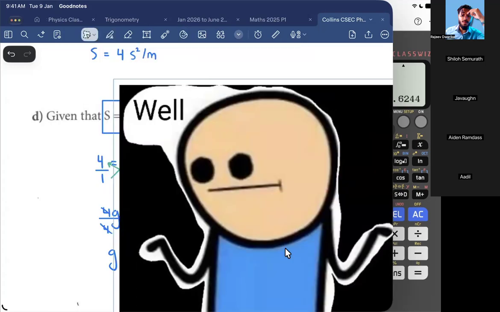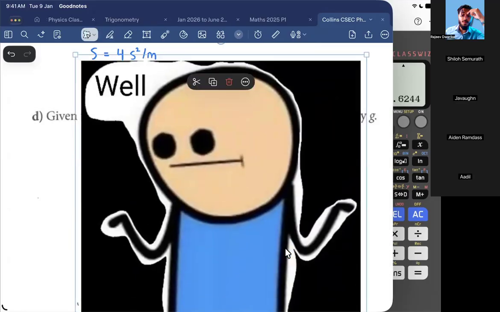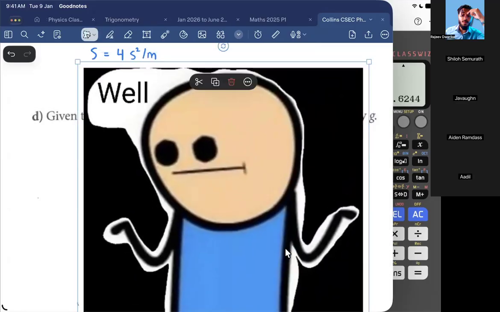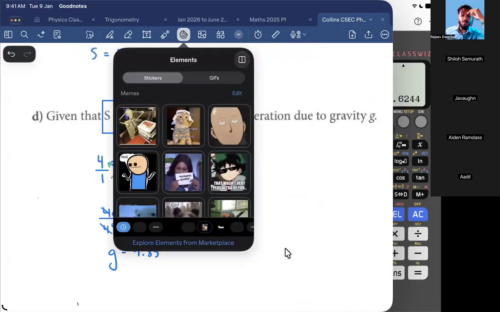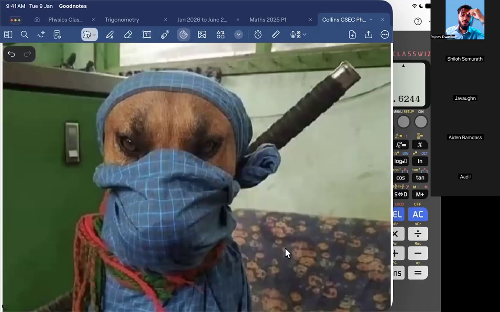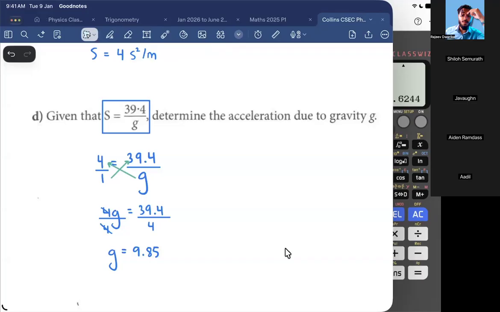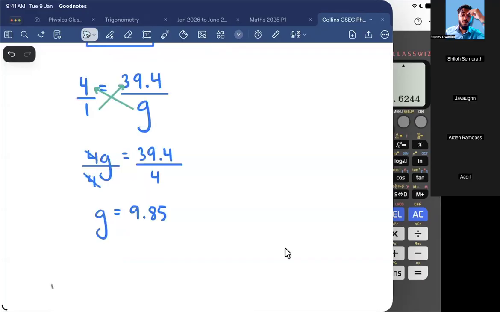Yes, sir. And now we're just staying quiet. What kind of thing is that? Javon, did you have a hard time plugging this into your calculator? No, sir. I found when they were staying real quiet, I was like, what's going on?